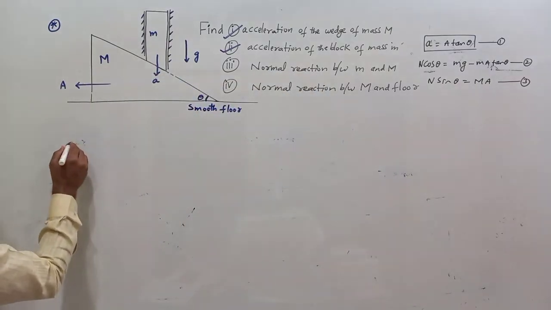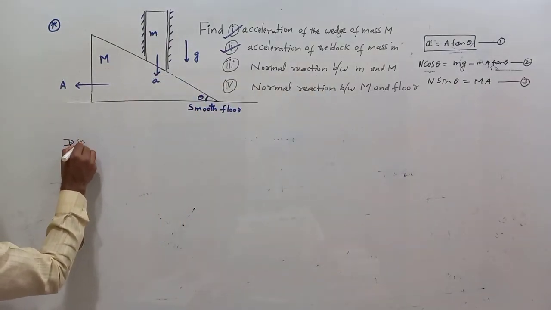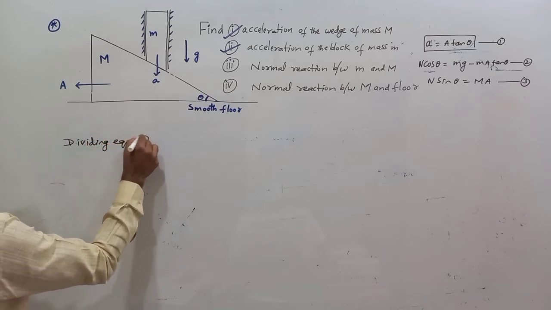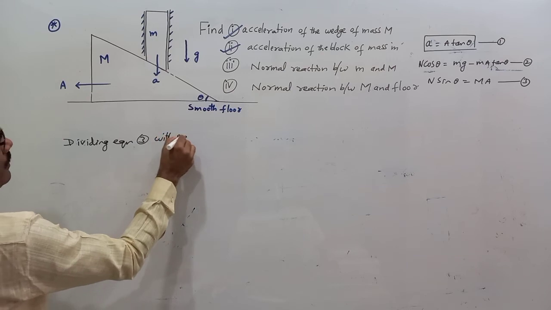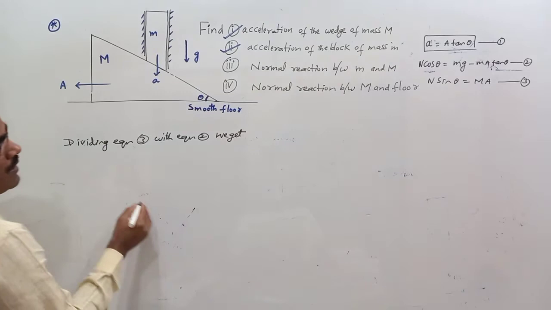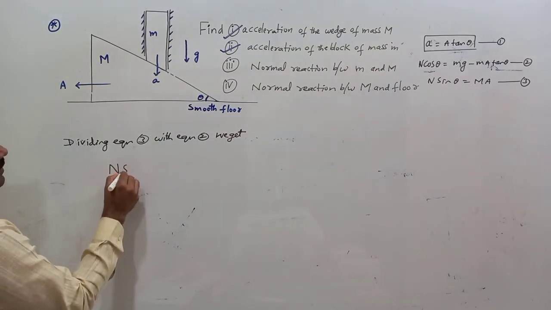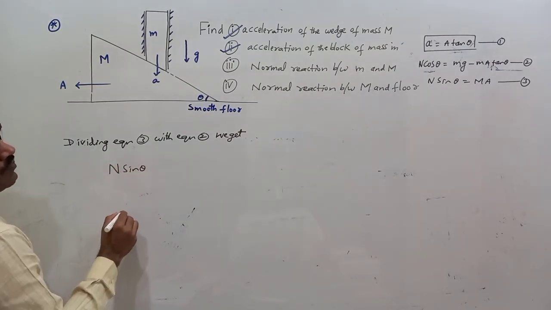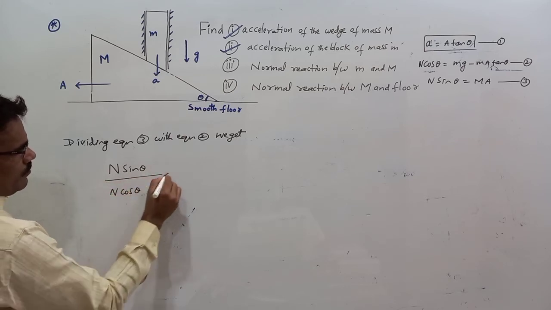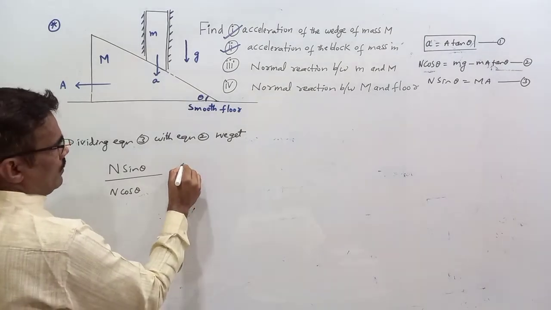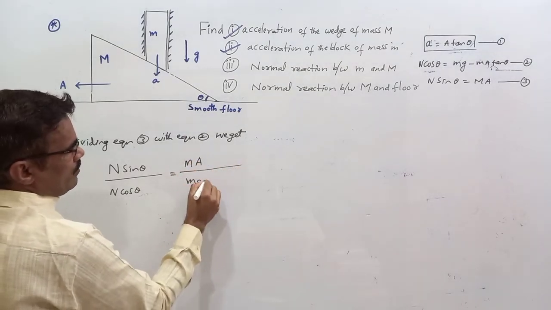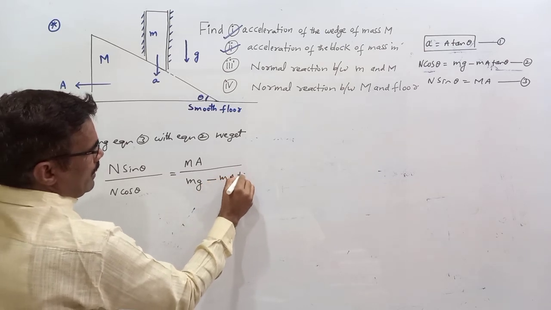Dividing equation 3 by equation 2, first write equation 3: N sin theta by N cos theta equal to capital M A divided by mg minus m capital A tan theta.